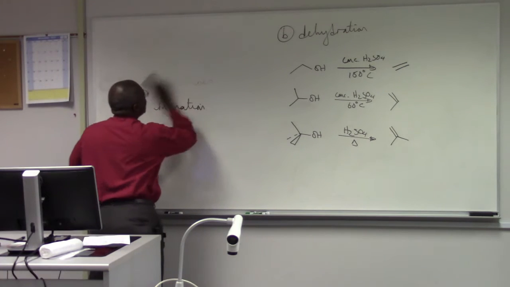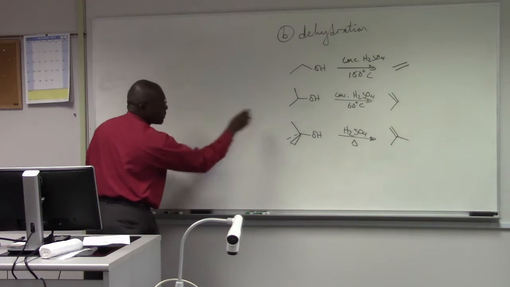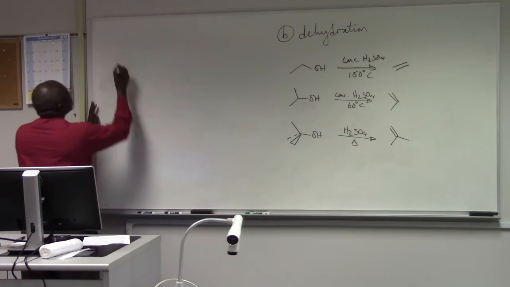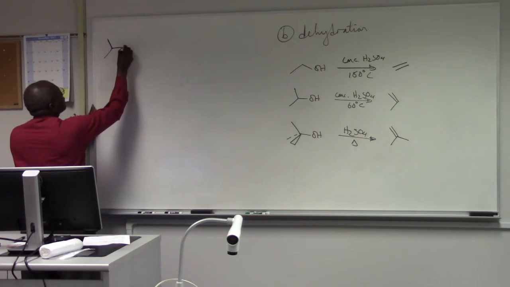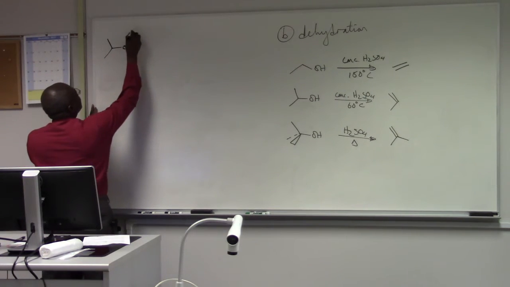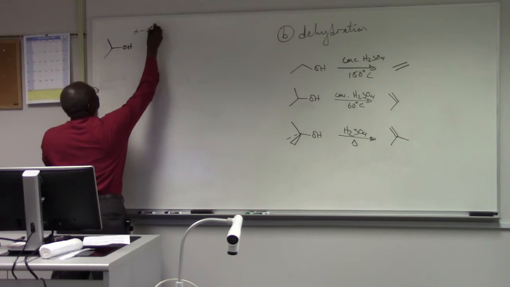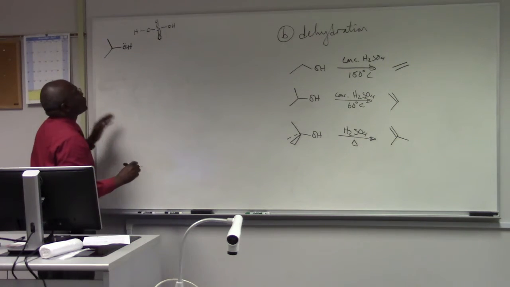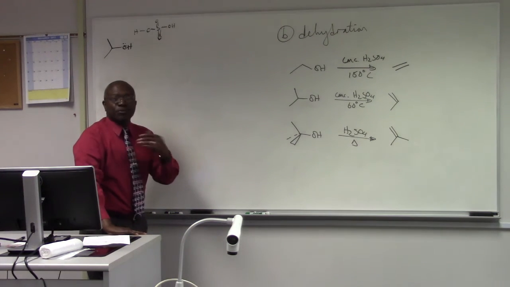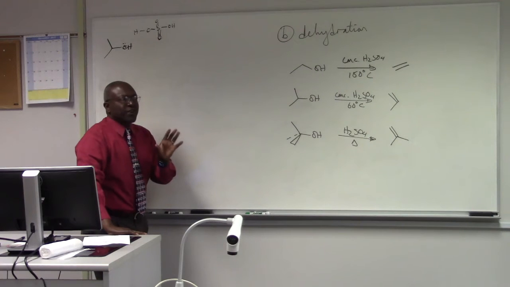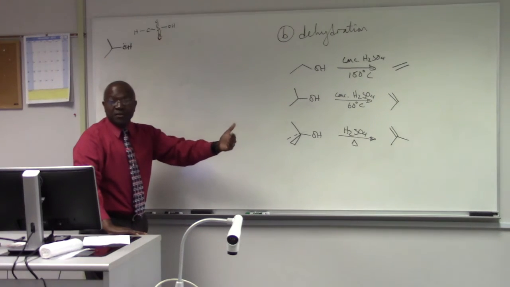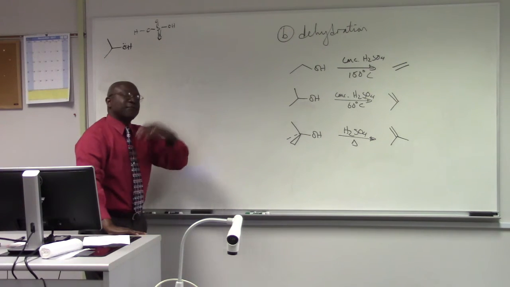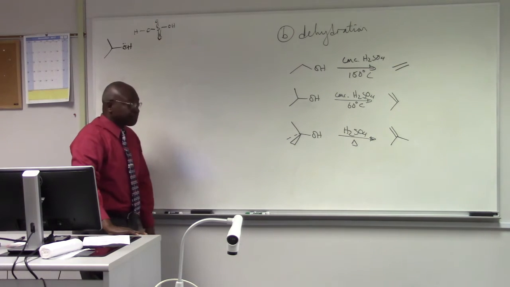The way in which these reactions go, and I'll pick the secondary alcohol, is the alcohol in the presence of the acid. And of course, sulfuric acid, if you remember your Gen Chem, looks like that. Acids do one thing and one thing only: they protonate. Proton transfer is the fastest reaction in organic chemistry, and as a result, it's the first reaction in organic chemistry.